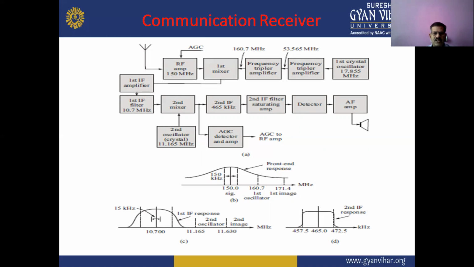An AGC detector and amplifier are also used for AGC to the RF amplifier, and the second IF filter saturates the amplifier. The output of this amplifier goes to the detector, and the output of the detector is applied to the AF amplifier, and this AF amplifier passes the signal to the speakers. There are different blocks and different functions of each block here. So this is the diagram of the communication receiver.